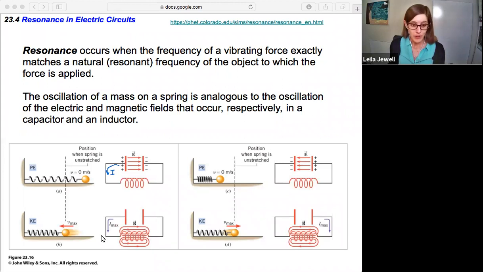At that point, we have our maximum current passing through the inductor. The inductor, meanwhile, benefits from the larger the current, the better. It has the largest magnetic field possible. This is when everything is moving its fastest, which is the same part as when the mass is in the middle of the spring. It's at its max speed.